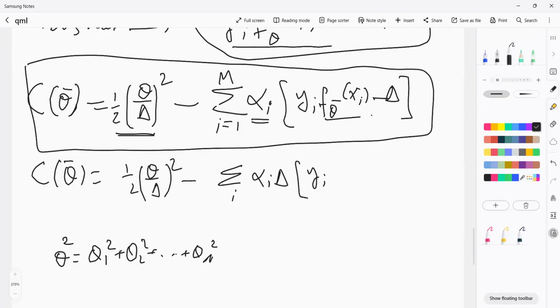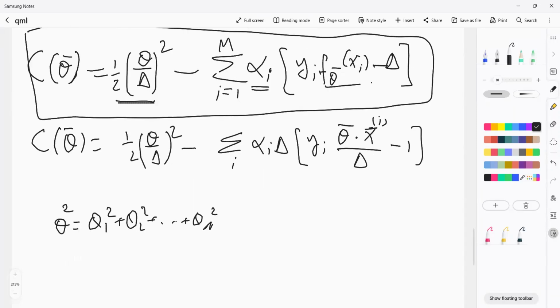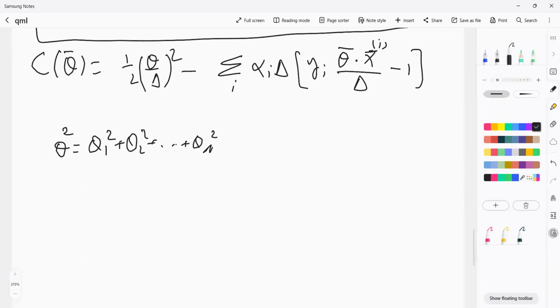So this was nothing but theta dot xi, and actually, let's put this i on top, because this is the x vector for the ith example, and there is a delta here minus 1. So I took the delta common, so delta is here, and since there is no delta here, a delta appears in the denominator over here.